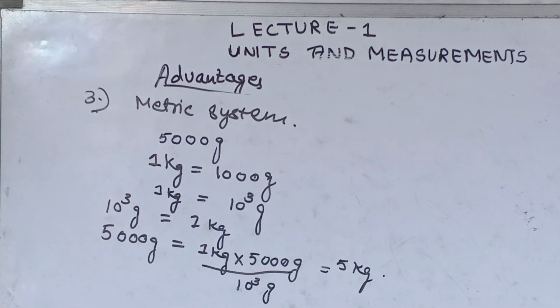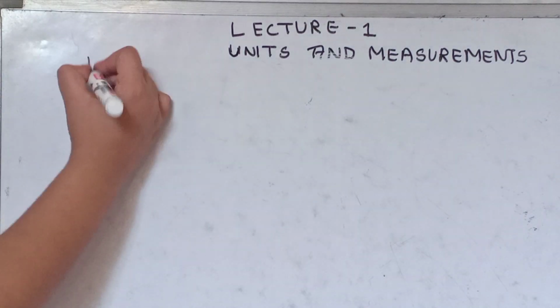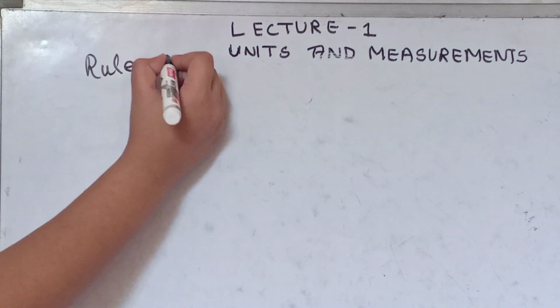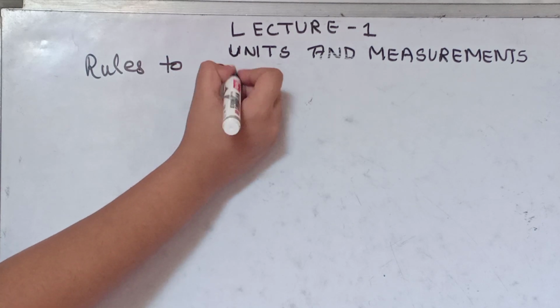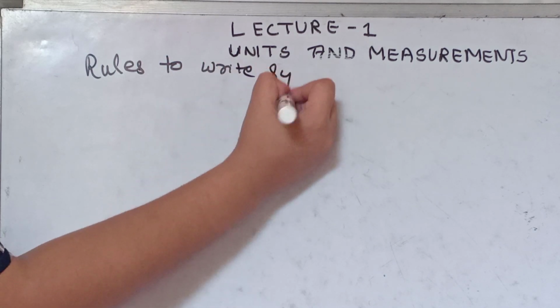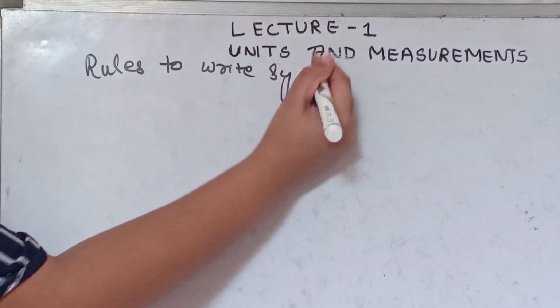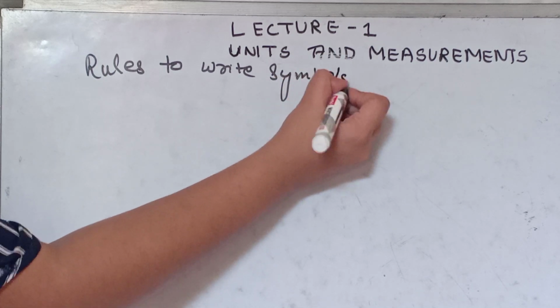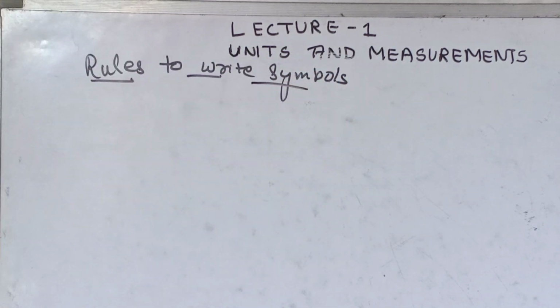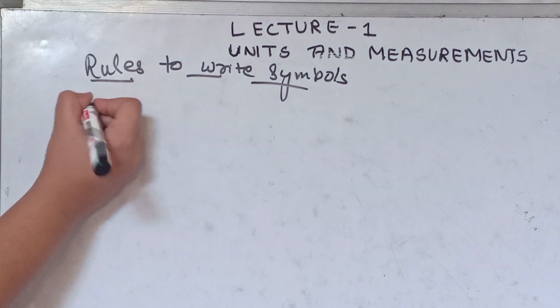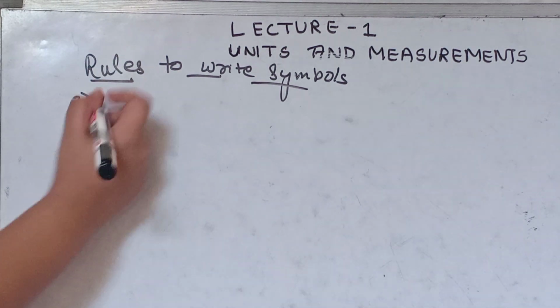Next we are going to learn about the basic rules of writing the units under SI system of units. So let's write the rules first. Rules to write symbols under SI system of units. Whenever we are writing a symbol, we have to write it in small letters.